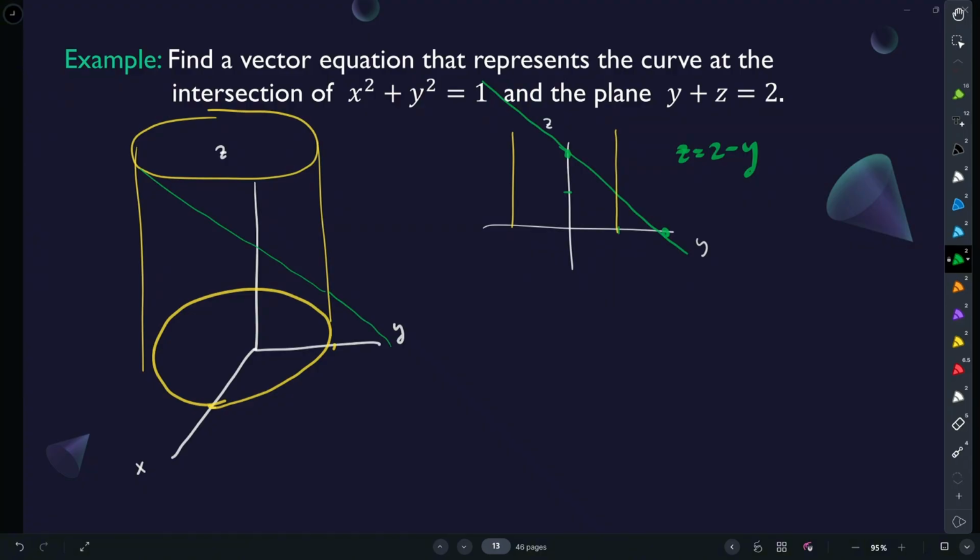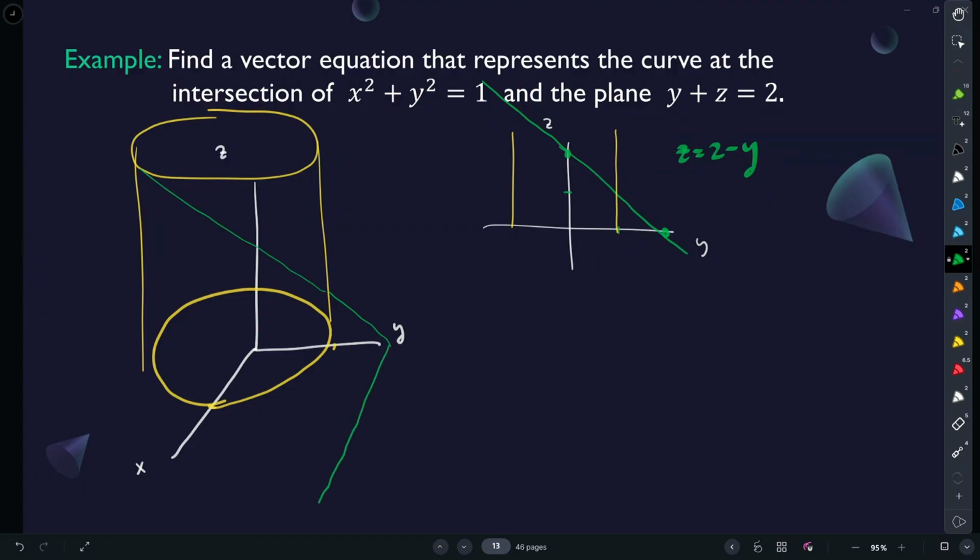And it is parallel to the x-axis. So x can change and nothing happens: for any x, given a y and a z, all of those points are also in the same plane.